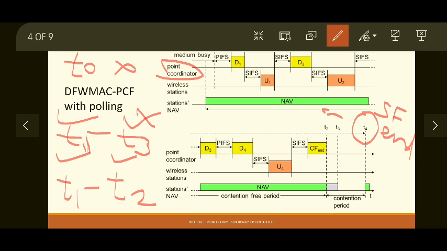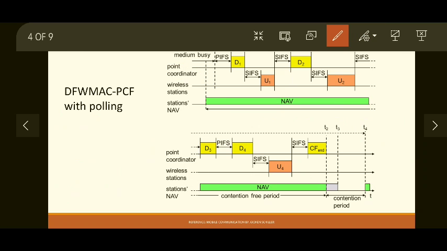Okay, so this additional time between T2 and T3 is further added into the contention period, so that any new user added into the network can compete with other nodes for accessing the medium. Okay, so at the end of T4, a new super frame starts and the procedure repeats again in a similar fashion.